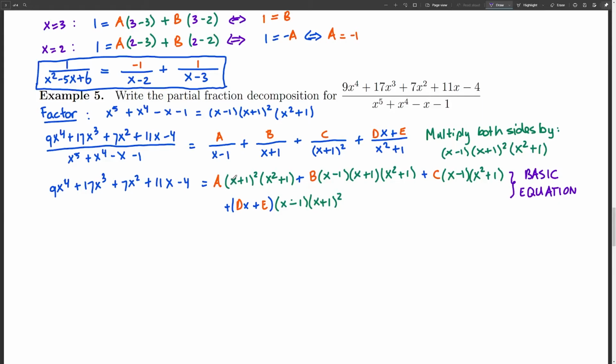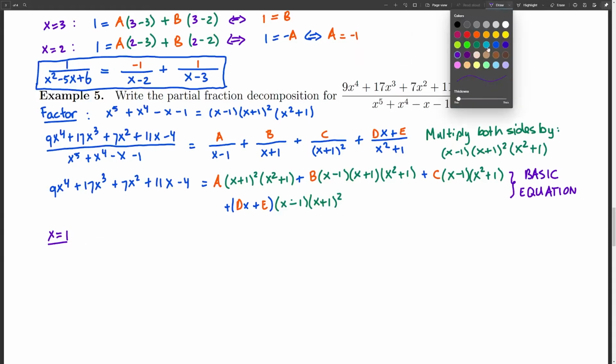And our goal is to plug in some smart values for x. And so, for instance, we see that a smart pick for x would be x equals 1, because that makes certain terms on the right-hand side disappear.